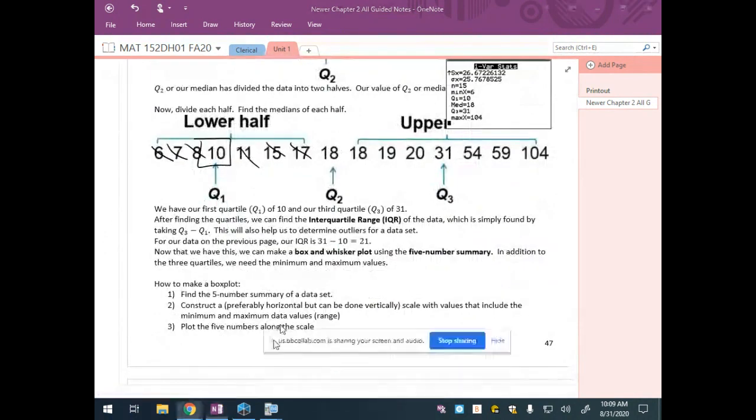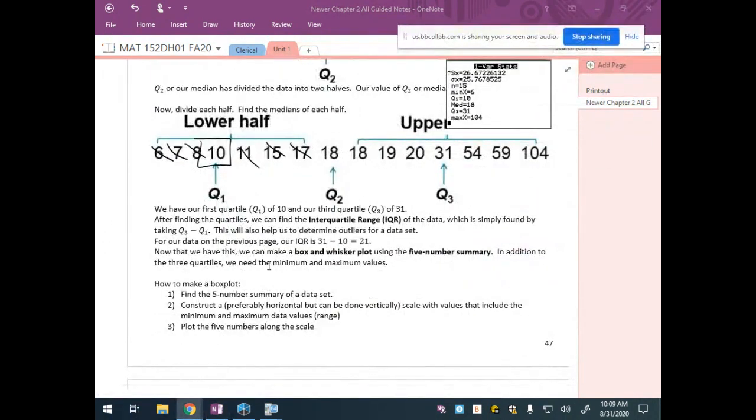So now what we can do with that is use that data to find the interquartile range, or the IQR. All you have to do for that is simply take Q3 minus Q1. That would be 31 minus 10, or 21. Now, that's going to help us determine any guidelines for outliers, should they exist.